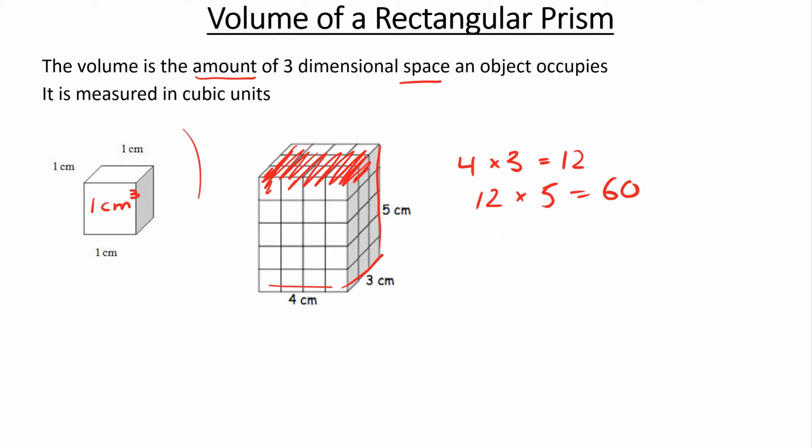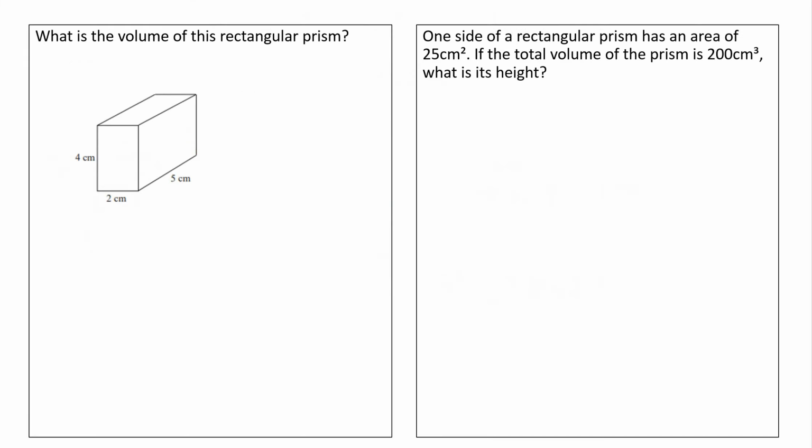The total volume is 60 centimeters cubed. That's how you work out the volume of any rectangular prism. You're always going to do the length times the width times the height, multiplying the 3 dimensions together.